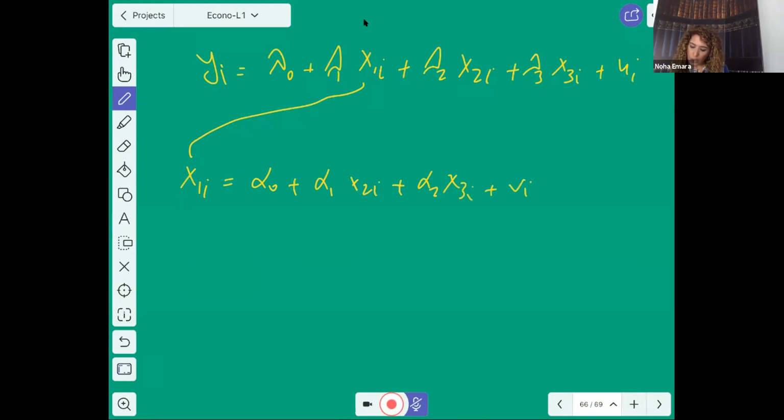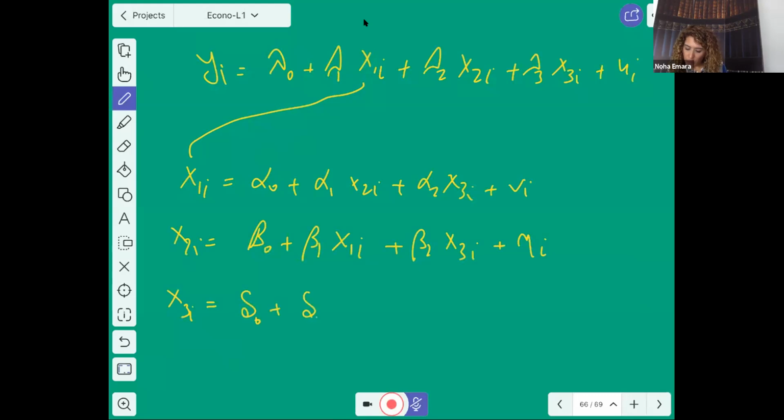And I'm going to have a regression for x2i. Let's call it beta naught plus beta 1 x1i plus beta 2 x3i plus another error term. And I'm going to have x3i, which is equal to delta naught plus delta 1 x1i plus delta 2 x2i plus mi, which is the error term of this regression.